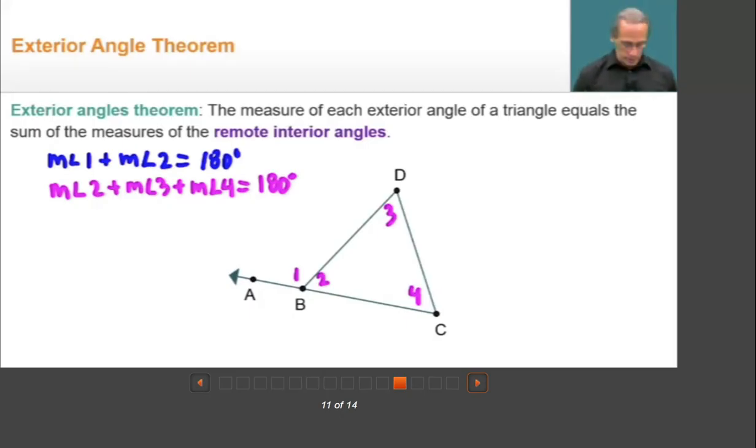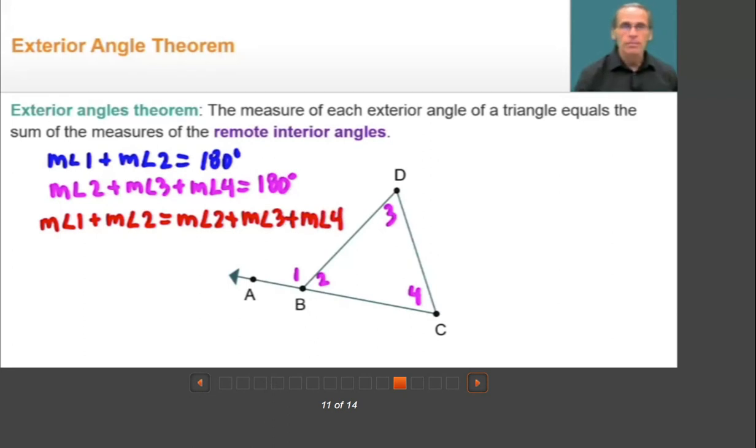So we can substitute. And if we do, we have the measure of angle 1 plus the measure of angle 2 is equal to the measure of angle 2 plus the measure of angle 3 plus the measure of angle 4. And using the algebraic property of subtraction, we can subtract the measure of angle 2 from each side of this equality.